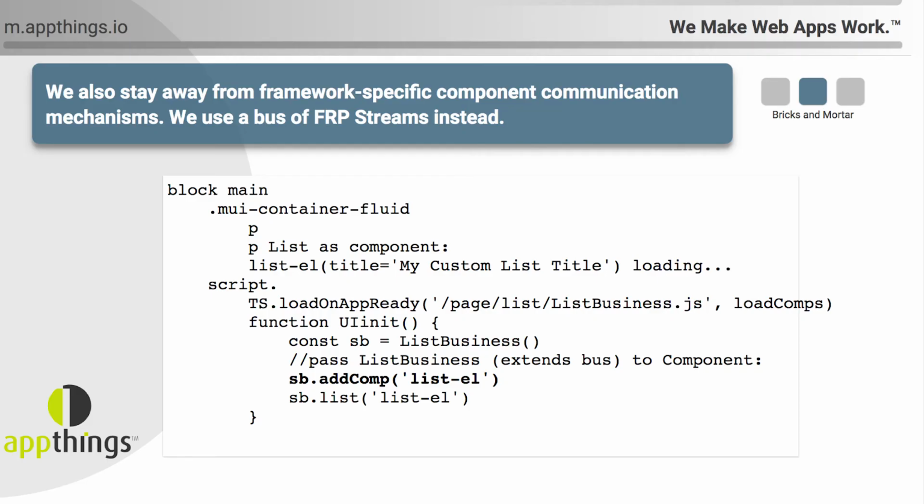Next thing that we stay away from is framework-specific component communication mechanisms. If you remember, the dashboard had in the middle a list of stuff, and when I clicked on it, it sent the values over to the others. Now, whether I use Polymer or any framework, they'll have their own way of communicating this.